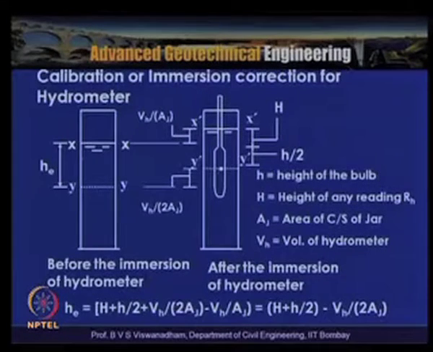It is approximated that Y dash rises by 50% of VH by AJ, that is VH by 2 AJ, about 50% of the rise at X dash.